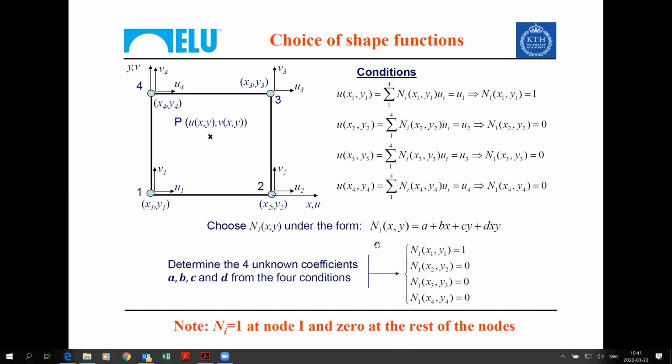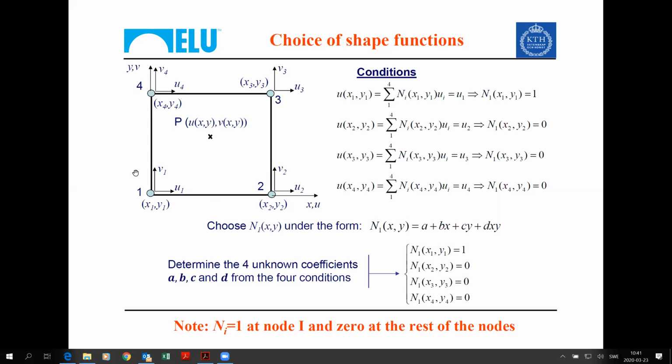We have 4 nodes. Then we can assume that in our N1, in our approximation, we can have 4 constants. Now, these 4 constants refer to a polynomial in both x and y, because we need to establish an approximation which will involve both coordinates.